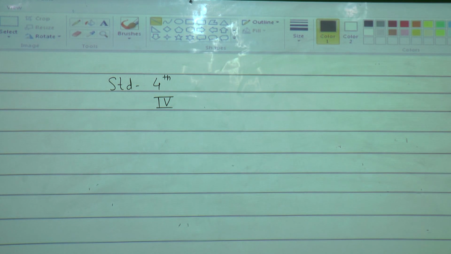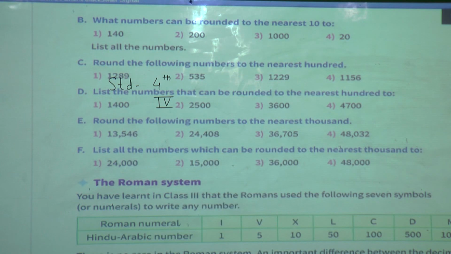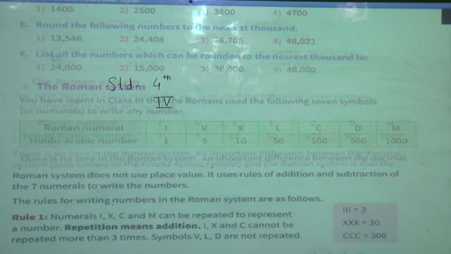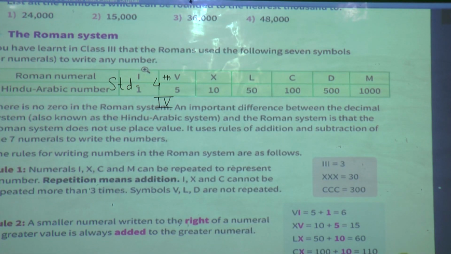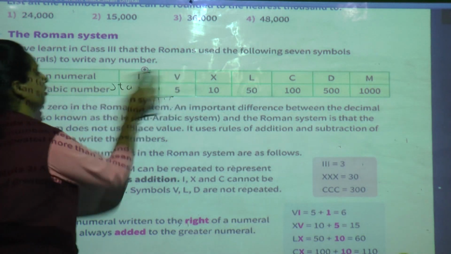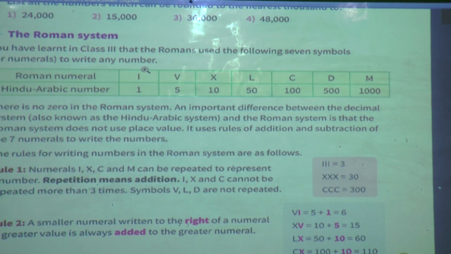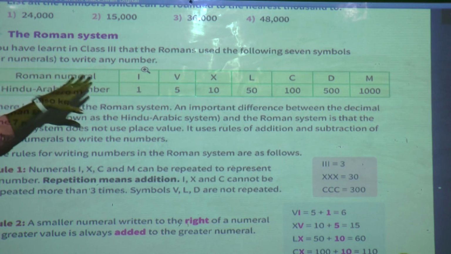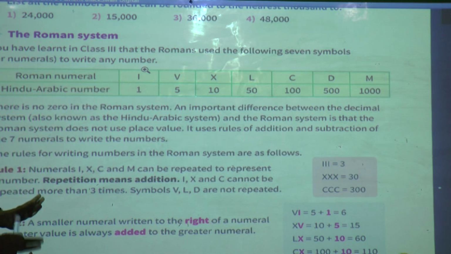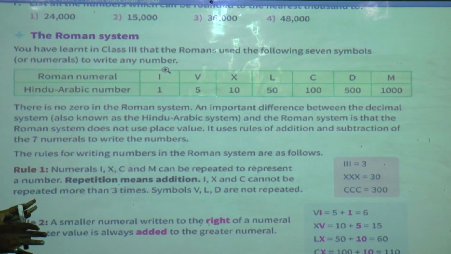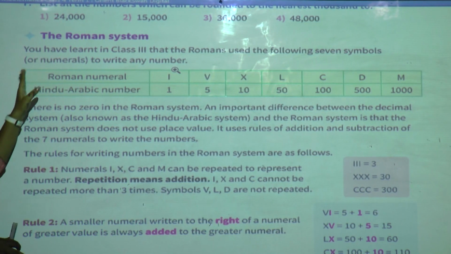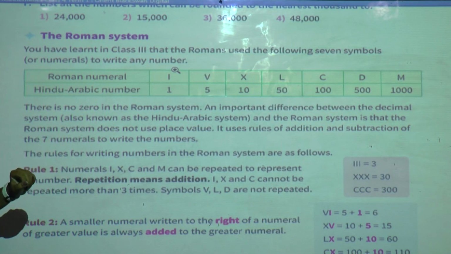Everyone open your textbook, page number 17. The Roman numeral system was developed by the ancient Romans. You have learnt in class 3 that the Romans used the following 7 symbols or numerals to write. What are those 7 alphabets?